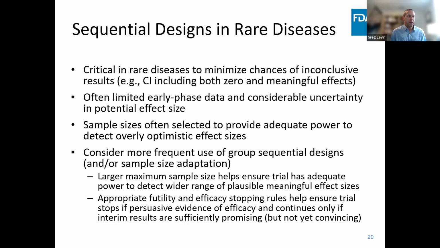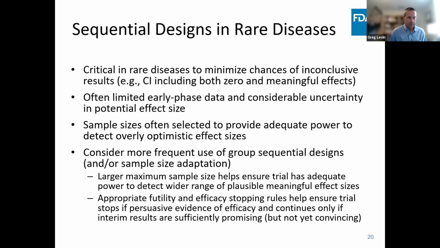In the rare disease space, there's often limited early phase data, and there's considerable uncertainty in the potential effect size. And so the sample sizes are often selected to provide adequate power under overly optimistic and sometimes completely arbitrary effect sizes that are determined based entirely on what sample sizes are considered feasible or achievable by the sponsor.